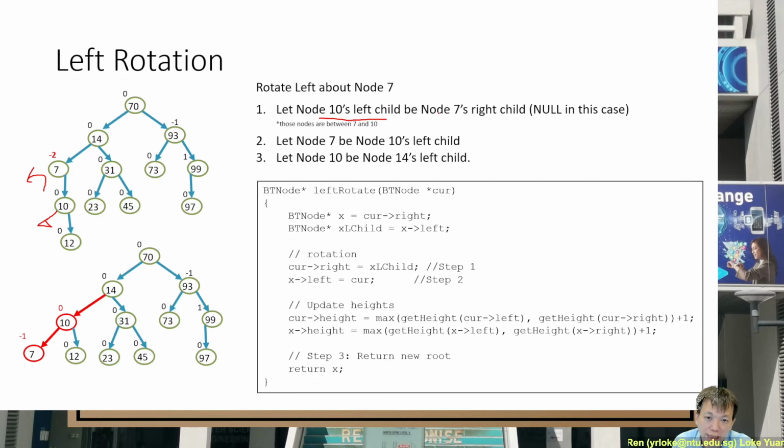Node 10's left child becomes node 7's right child. So node 7 is here. You must bring all those things at node 10's left subtree to be the right. Then your node 10 left side now is free. Then node 10's left child will be node 7.